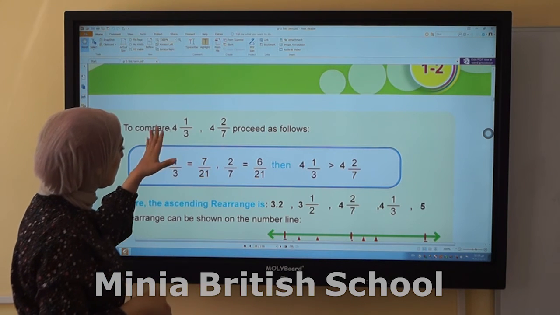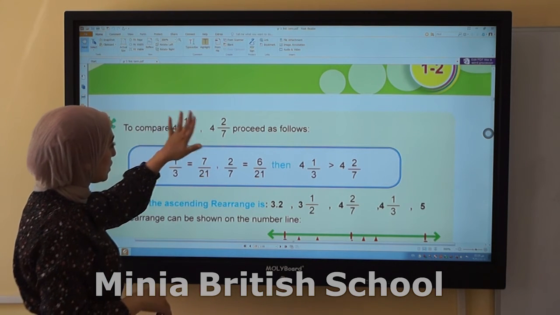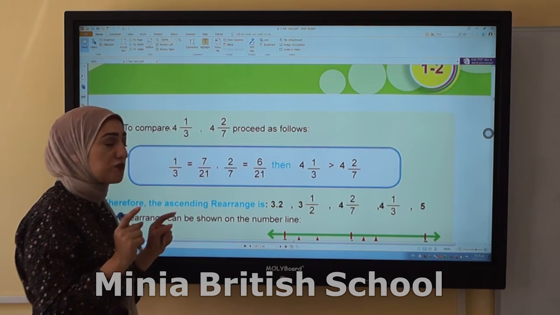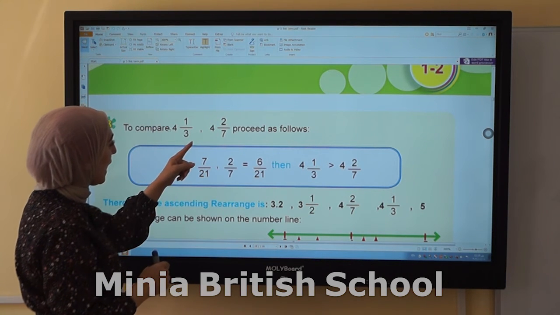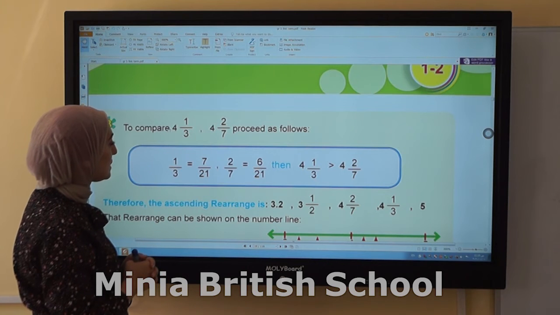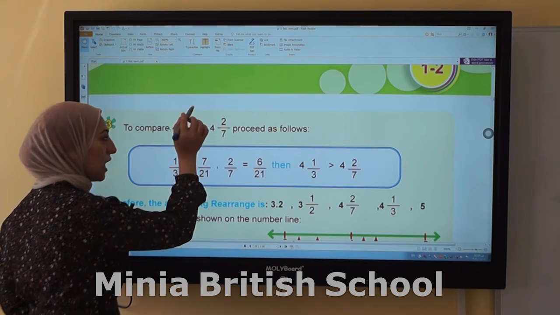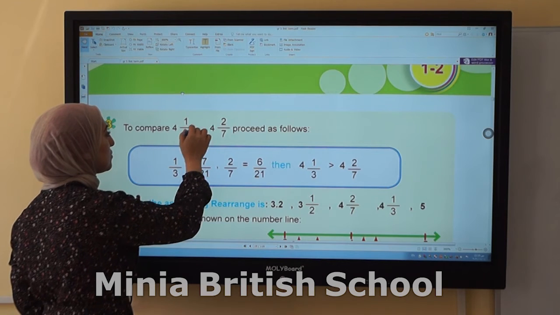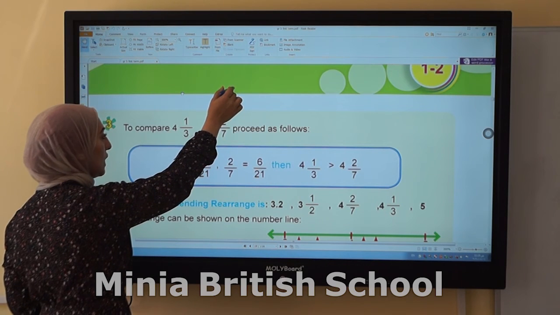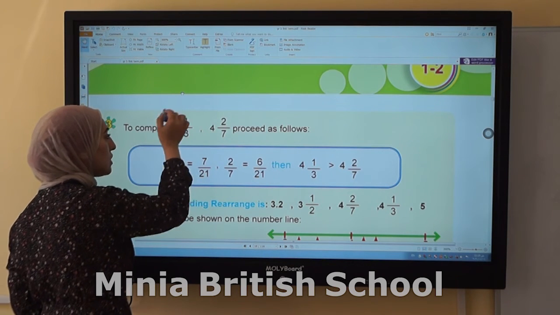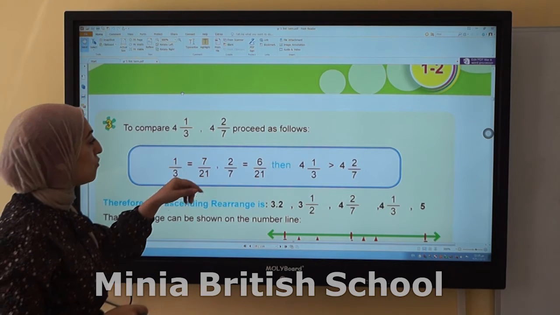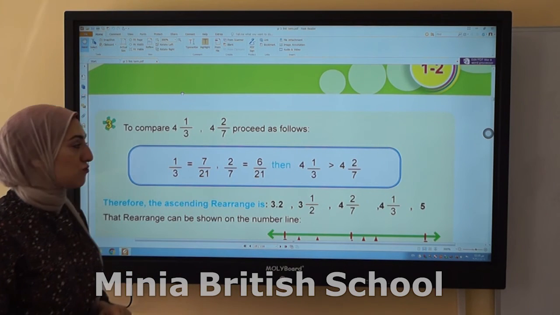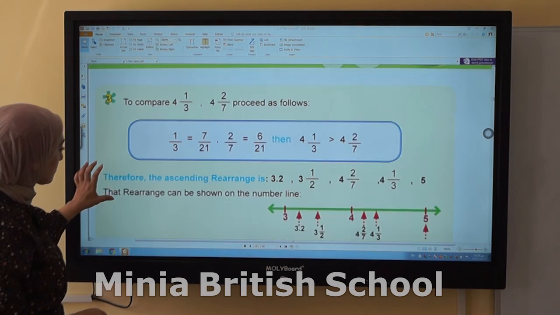It will be very easy if the whole numbers are the same, so I deal only with the fractions: a third and 2 over 7. By scissors, which I prefer, 7 times 1 equals 7, and 3 times 2 equals 6. So this one is the greatest one. So 4 and a third is greater than 4 and 2 over 7.